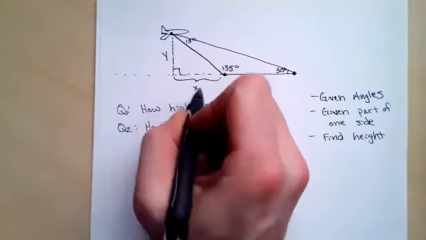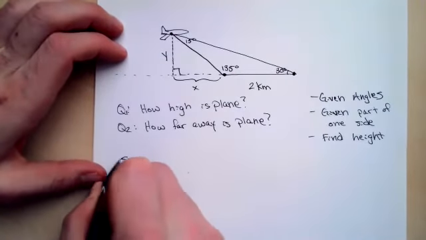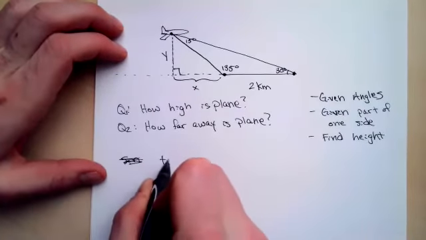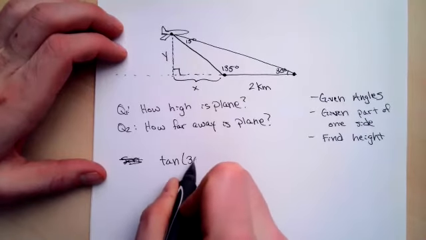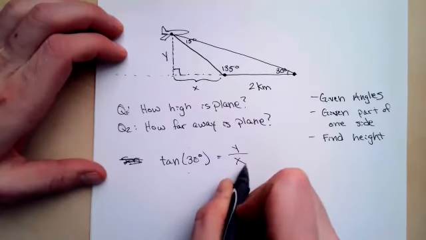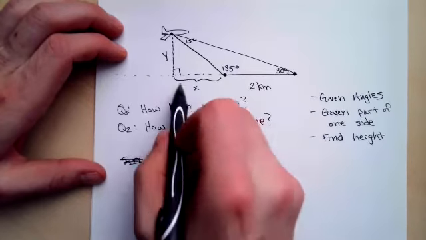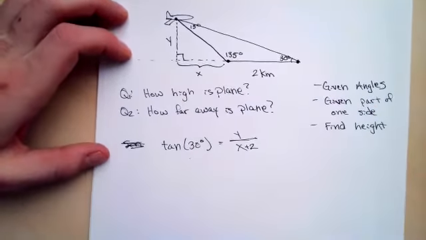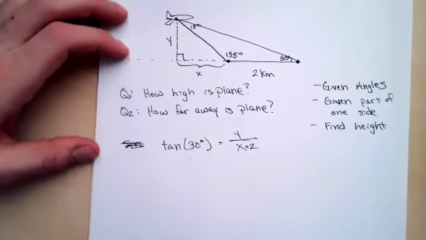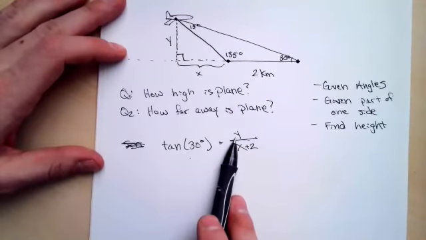Let's call this side x for the moment. So we at least know that tangent of 30 degrees is y over x plus 2, since this entire side length is 2 plus x. So if I know x, we can then solve for y.